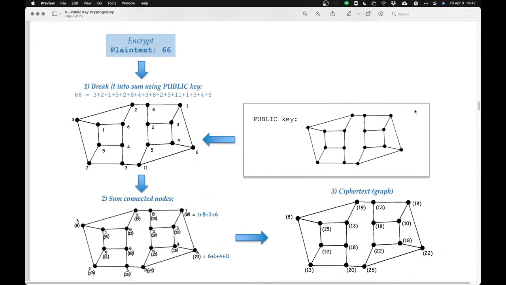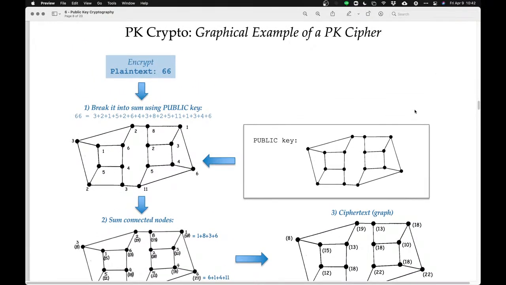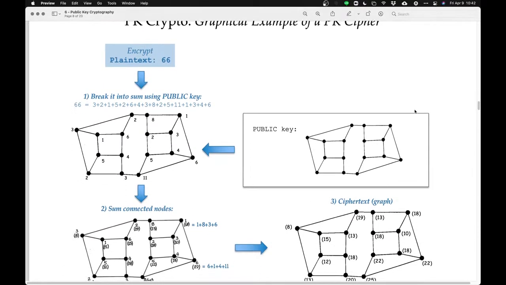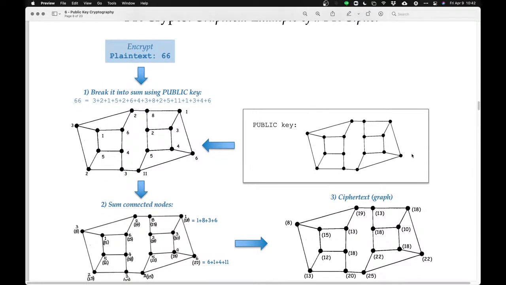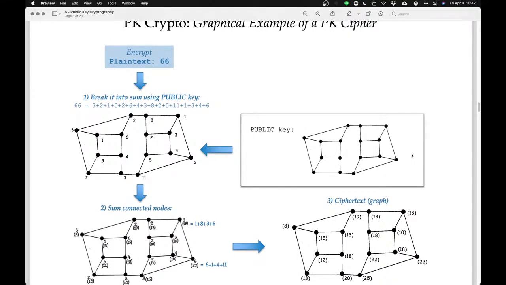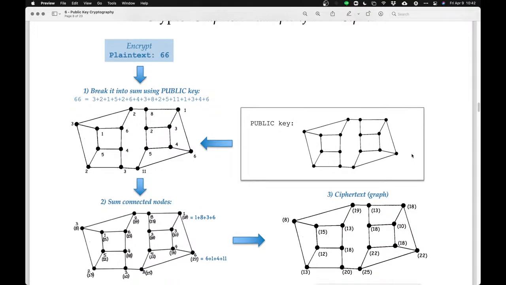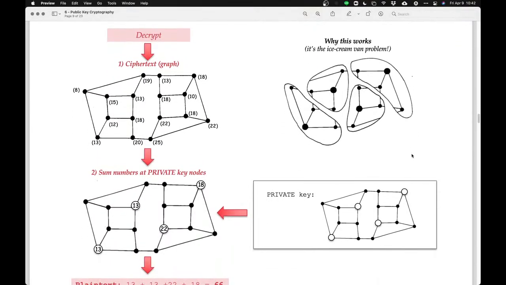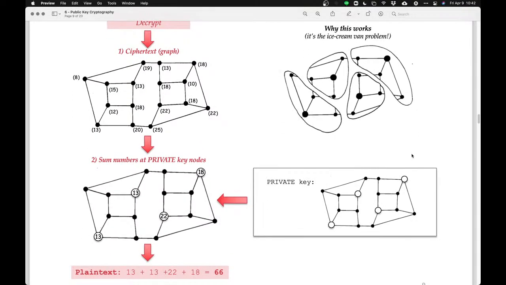So do you see how the public key and the private key work? The private key is the solution to a hard problem posed by the public key. To get the private key, you would have to play the hard game. But they actually have the same information. So this is just an example of how private and public keys are related.